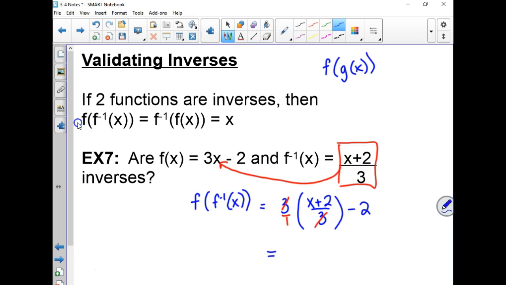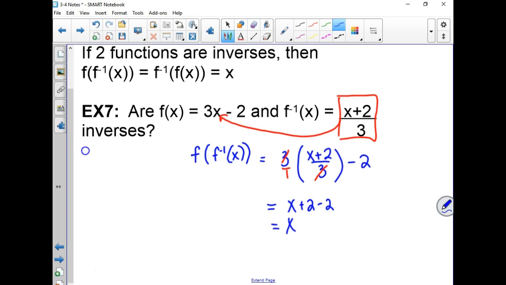And that leaves me with x plus 2 minus 2. And what is x plus 2 minus 2? Just x. Okay? And if you get x, that's telling me these are probably inverses. I also have to check the other way. I also have to find f inverse of f of x. So this time, I'm going to take 3x minus 2 and plug it in over here.